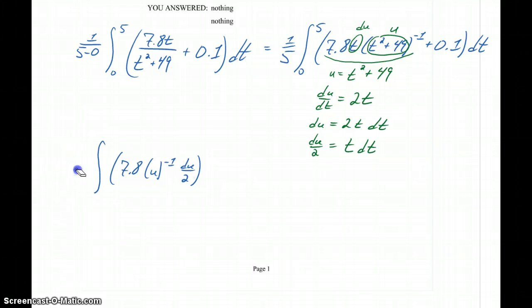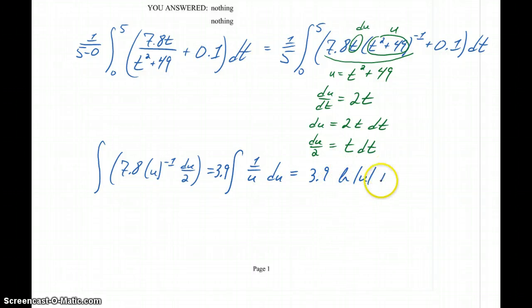So actually, let's get rid of this 1/5. Let's focus on just integrating this portion. So integrating 7.8 u to the negative first du over 2 is the same thing as the integral of 7.8 divided by 2, which is 3.9. So we're integrating 1 over u du, which is 3.9 times the natural log of the absolute value of u plus some constant c.